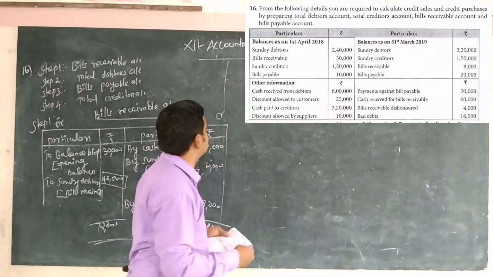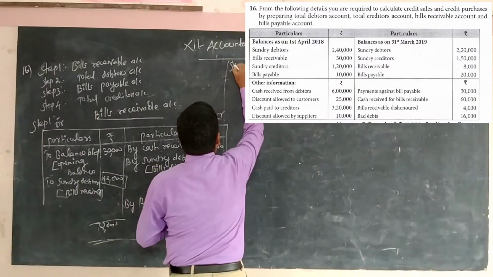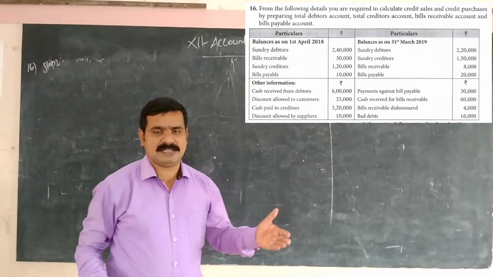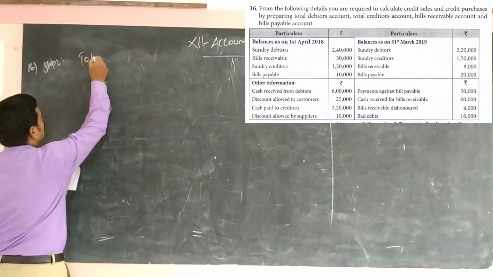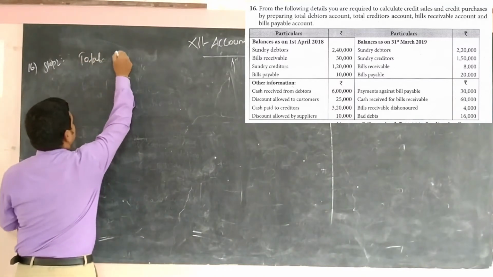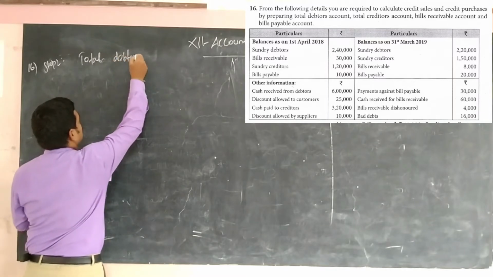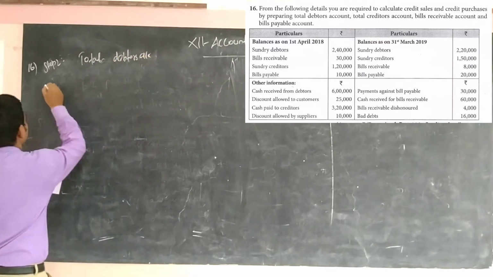Now we are going to start the next step, step 2. The step 2 is the total debtors account.